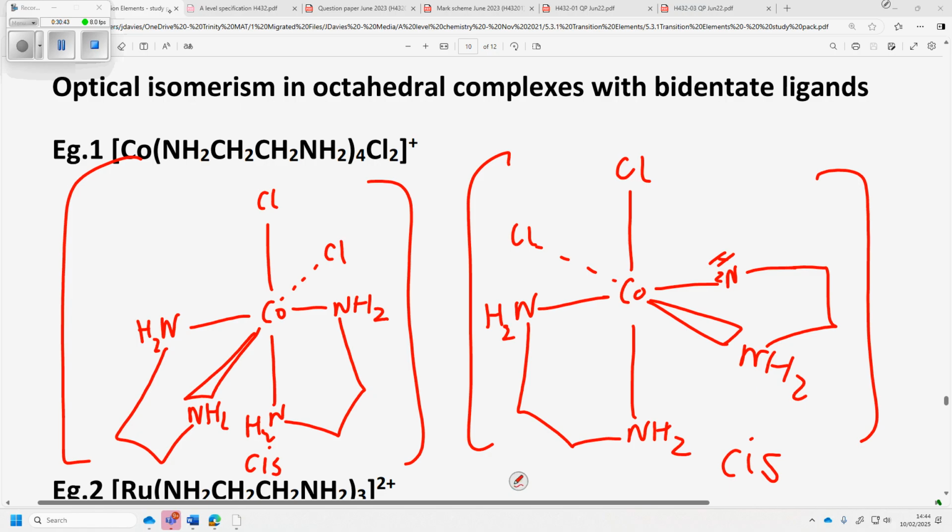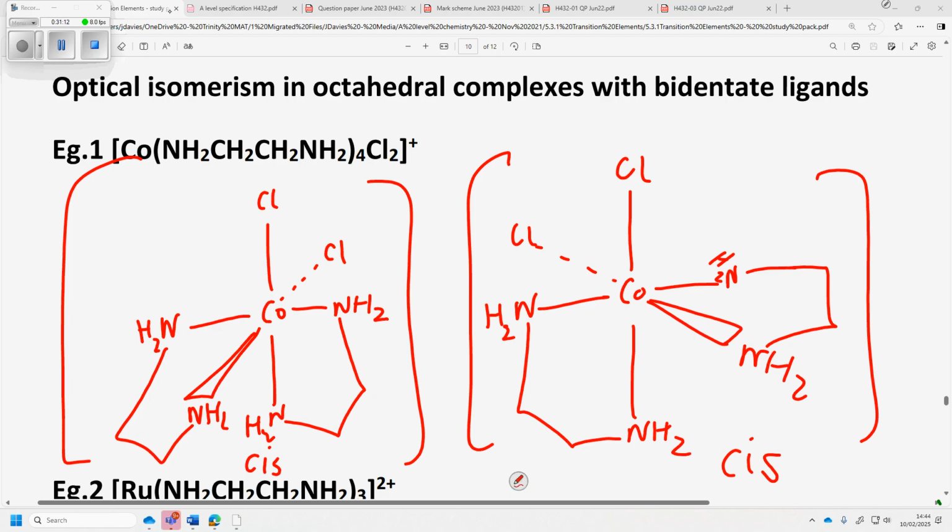Two bidentate ligands, two monodentate ligands. So this is almost like the pinnacle of isomerism in transition metal complex chemistry. If I give you an octahedral complex with two bidentate ligands and two monodentate ligands, we can talk about cis-trans isomerism, and we can also talk about optical isomerism.